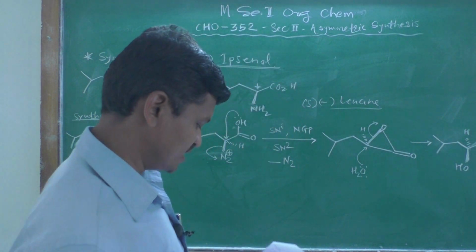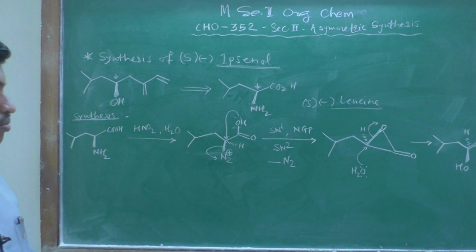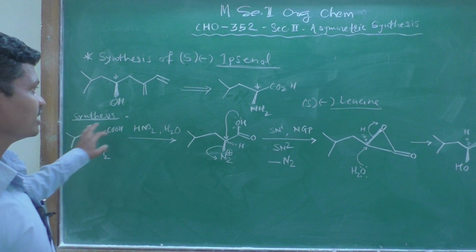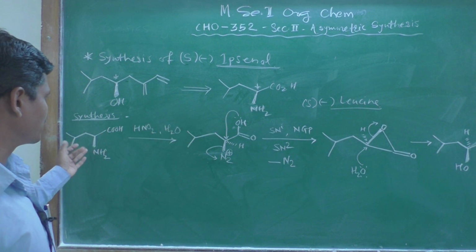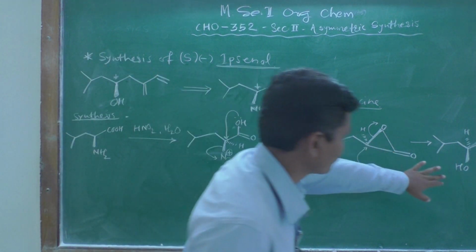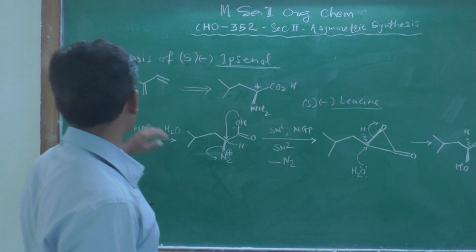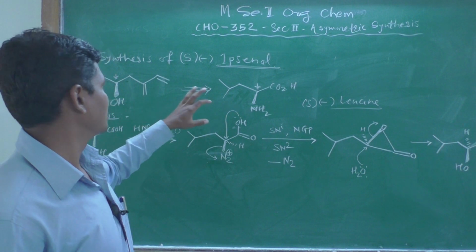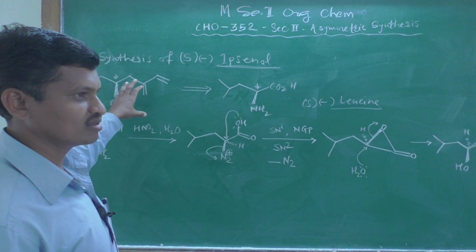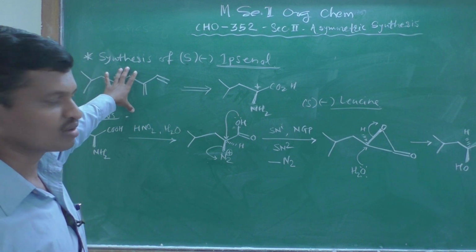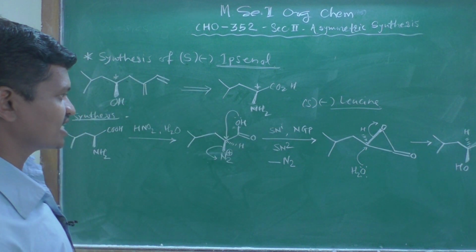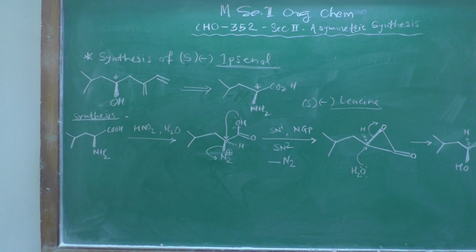So in this way we have converted the S-leucine starting material, which is obtained in nature as an enantiomerically pure compound, into this compound, which is one of the parts of this target molecule. So that's why this is a strategy that we have applied here.